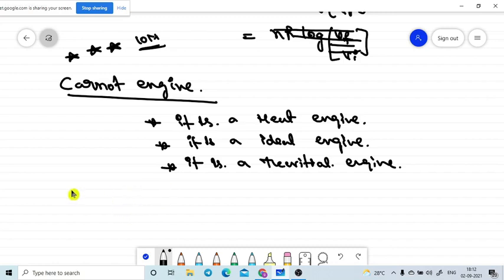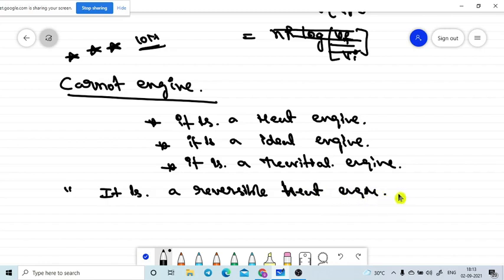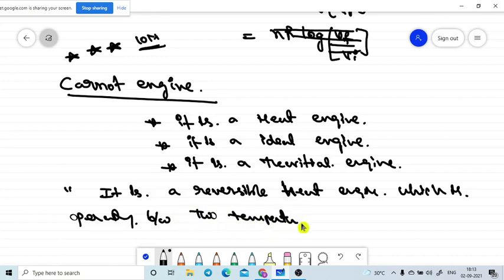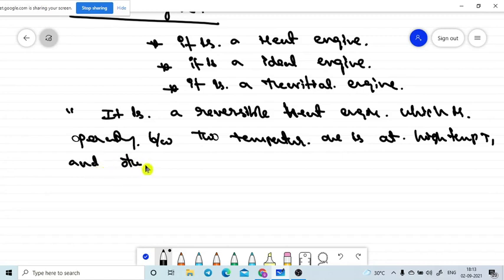A Carnot heat engine is a reversible heat engine which is operating between two temperatures.